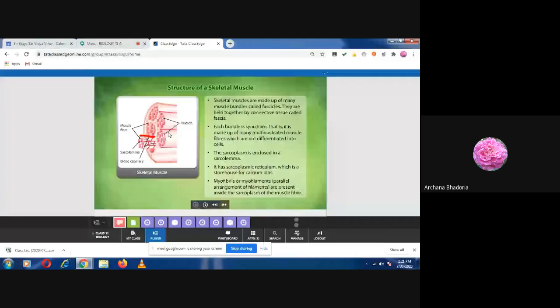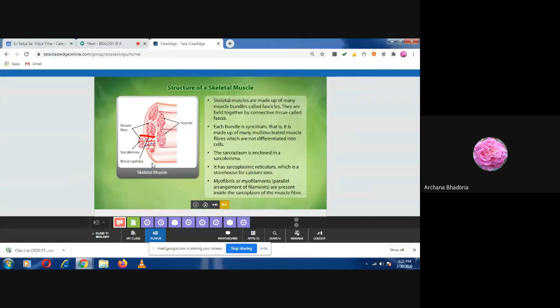So skeletal muscle is made up of many muscle bundles, and each bundle we call a fascicle. They are held together, all these bundles are covered by this covering, which is the connective tissue known as fascia.